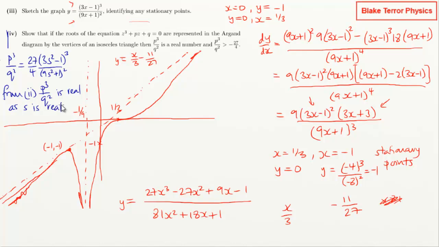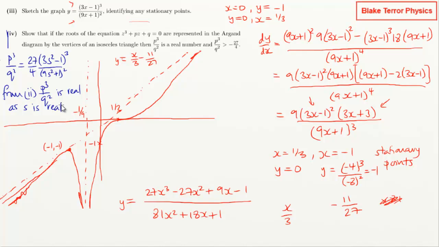Okay, so we've got that, and then we need to show that p cubed over q squared is greater than minus 27 over 4. What does that mean? Obviously we've got 27 over 4 just sat there. It's got to be something to do with this graph.